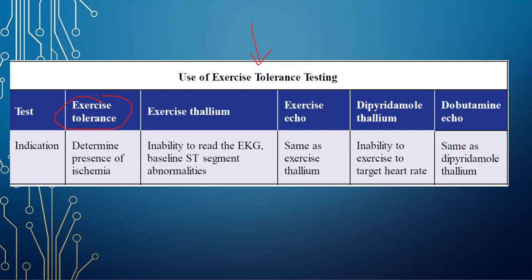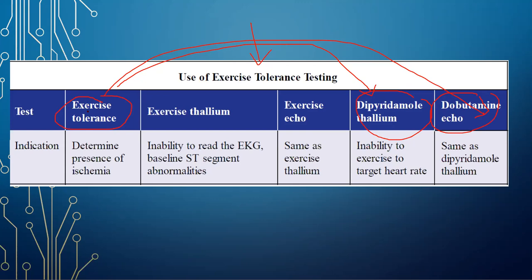For exercise tolerance test, we need to think that the ECG is totally normal, there is no baseline abnormality, and the patient is able to exercise. If the patient is not able to exercise, then you go for dobutamine echocardiogram. Or you can also think about dipyridamole thallium. Both are more or less the same. Usually for those patients who cannot exercise, you can use either dobutamine echo or dipyridamole thallium.